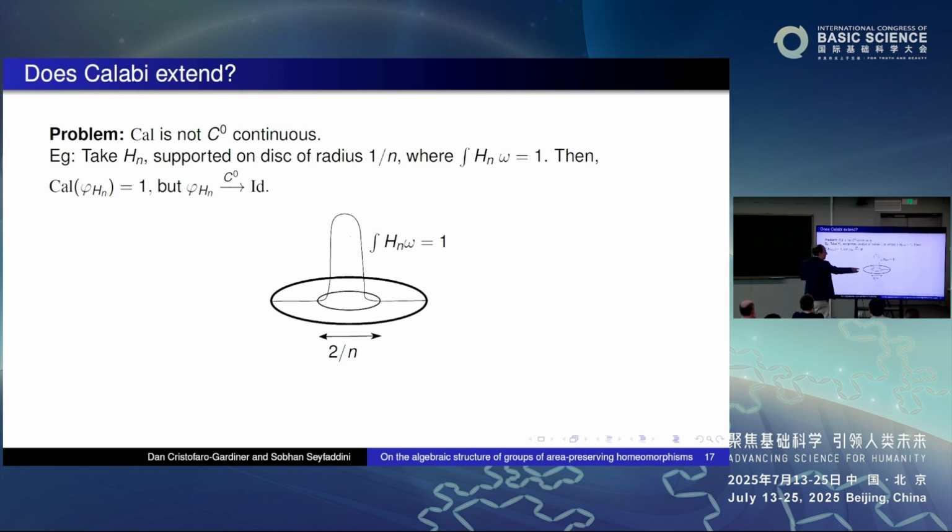Whatever the flow is, it's not going to do anything outside of the support of the Hamiltonian. So in particular, the time one map of the Hamiltonian flow for this is going to converge in C0 to the identity. On the other hand, just by definition, the Calabi invariant of each one of these phi sub n's is 1, but the Calabi invariant of the identity is 0. Therefore, we see that the Calabi invariant is not C0 continuous.